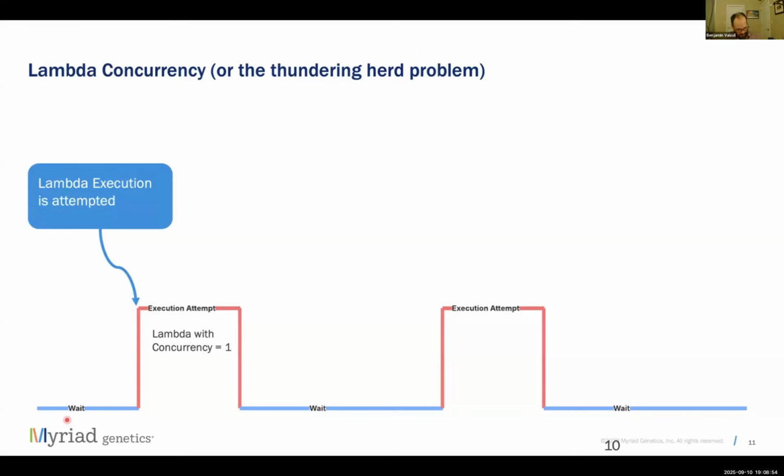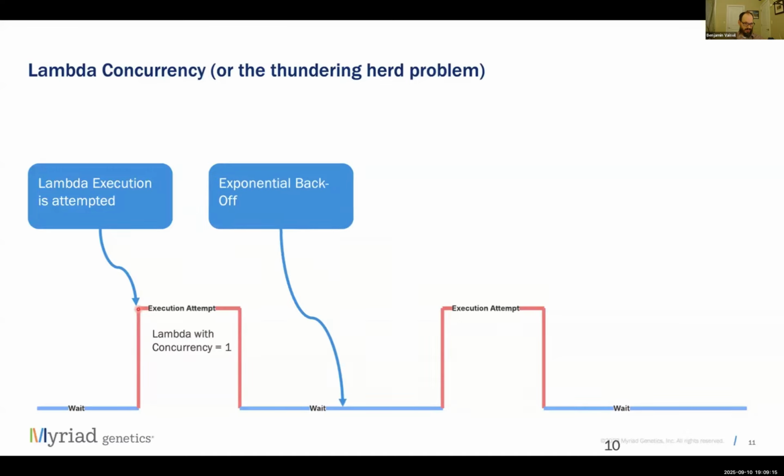This is a square wave function where the wait times are illustrated in the valleys, the peaks being execution attempts. If everyone attempts the execution at the same time, and the more of them that you're attempting at the same time, the more likely this is to happen, then you give them all an exponential backoff.